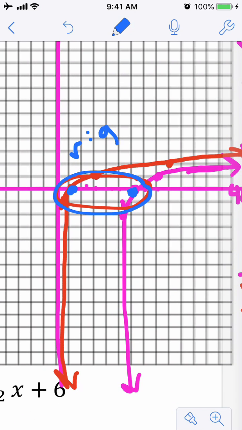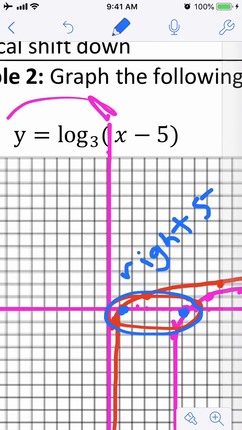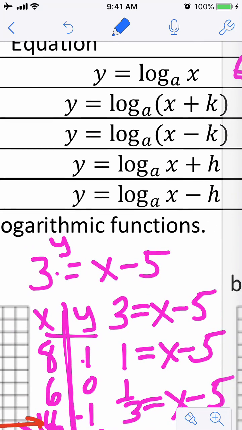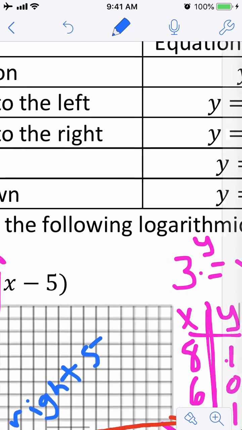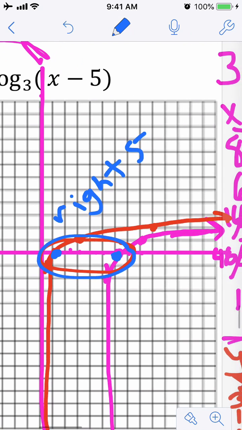That's exactly what it did. From the parent function, from the original, from the beginning, it went right 5. And if we look here, isn't that what it said it would do? Isn't that what the table said? When you subtract a number, you go right that many. Here we're subtracting 5, so it went 5 to the right.